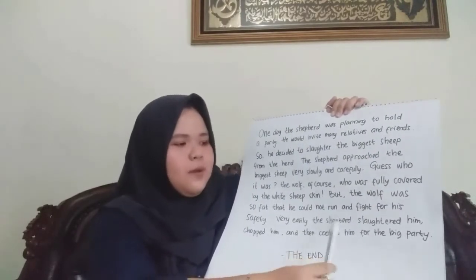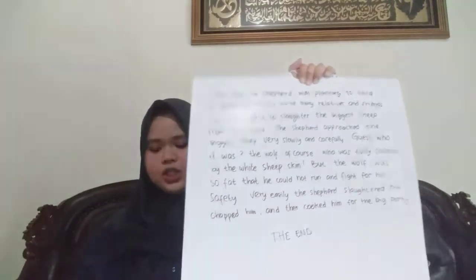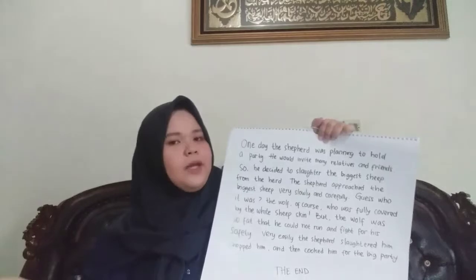So very easily the shepherd slaughtered him, chopped him, and then cooked him for the big party. So is it a sad ending or a happy ending, do you think?